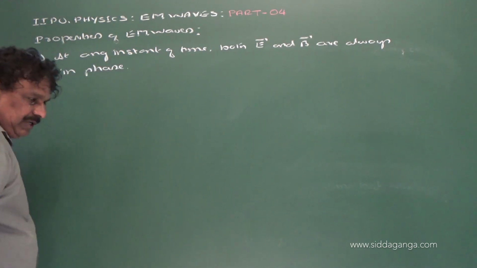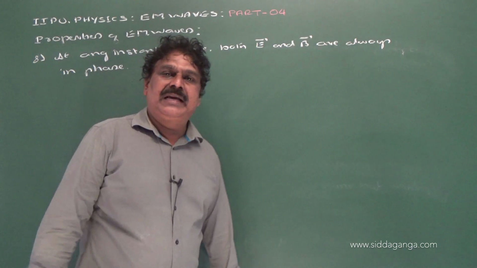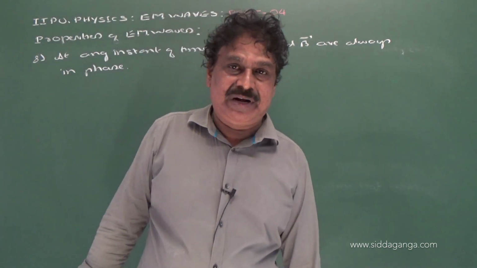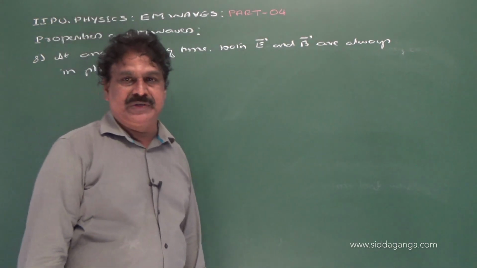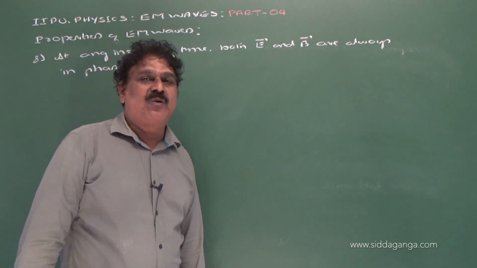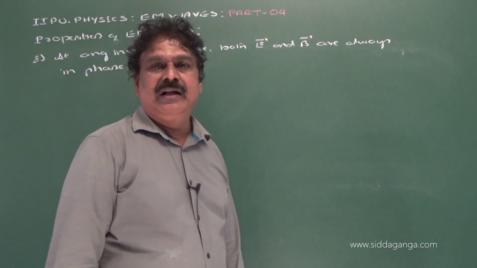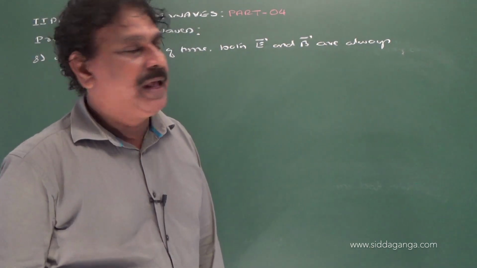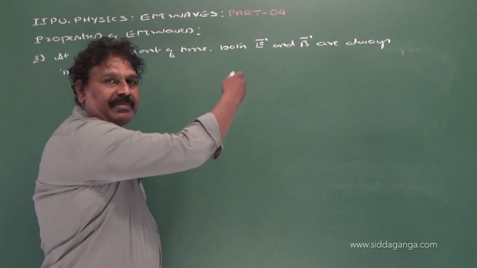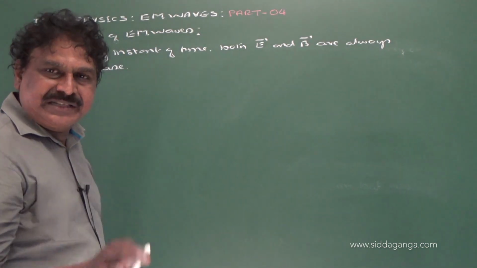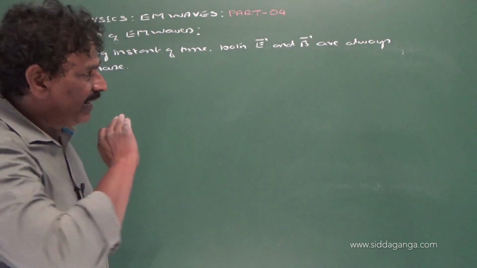Generally, when we take mechanical waves, the particles are vibrating about their mean position, but when we take electromagnetic waves, there are two vibrations, electric field vector and magnetic field vector. Now they always vibrate in phase. They have the same magnitude and the same direction at any instant of time.